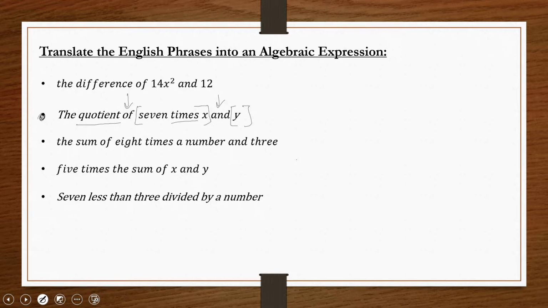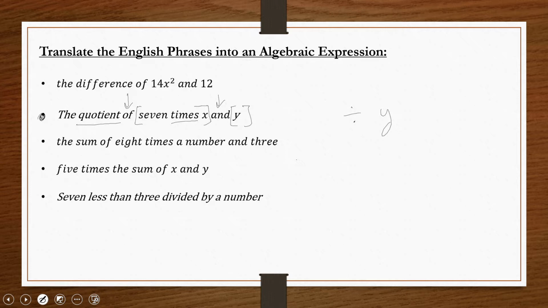So the quotient signifies the first term following that key phrase is being divided by the second term of the key phrase. So 7 times x, which is itself another phrase, gets divided by y. Since y is by itself, I can say very clearly that's going to be on the other side of the division sign. So notice that, again, the structure dictates what order this should be in.